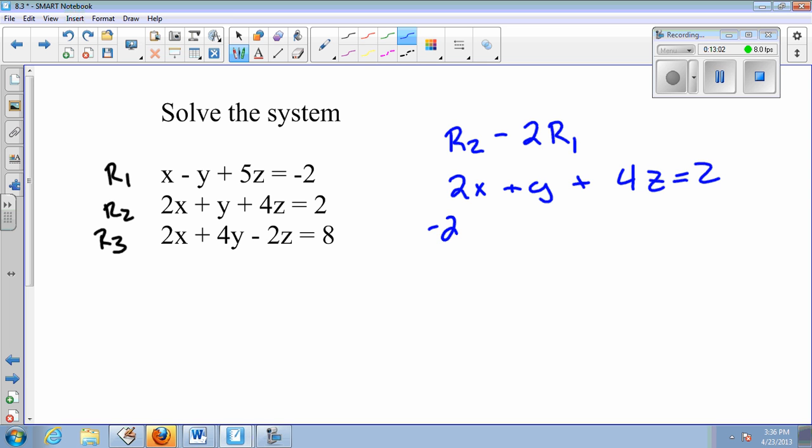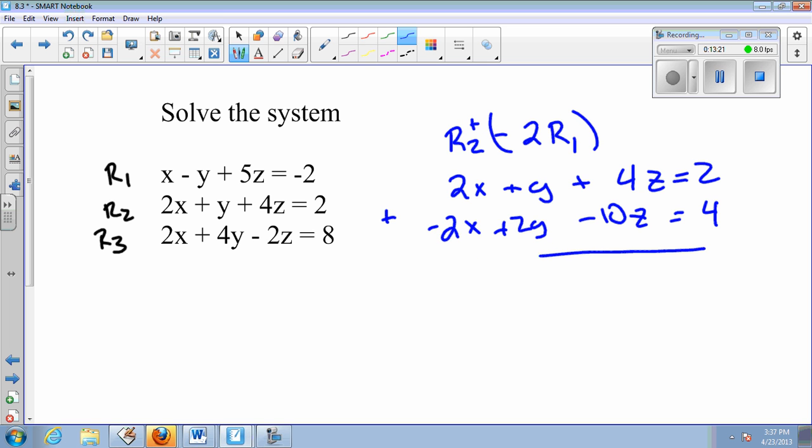So it becomes negative 2x, positive 2y, negative 10z equals 4. Now we add it because we multiplied by a negative 2. The x's cancel. We get 3y minus 6z equals 6. We used row 1 and row 2. Now we must use row 3.